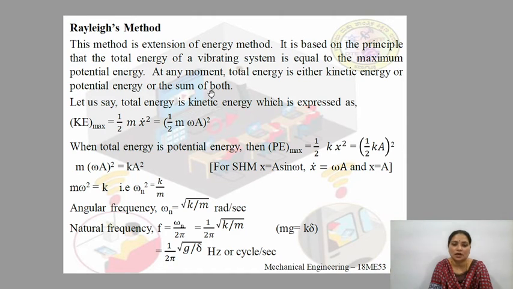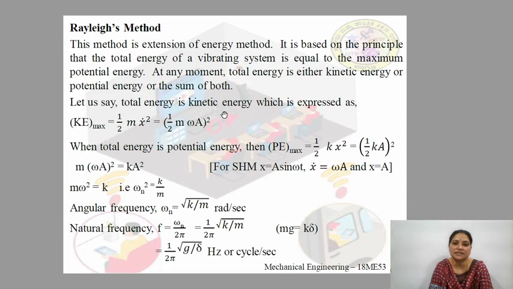Let us say now the total energy is kinetic energy. So therefore, kinetic energy maximum is equal to 1 by 2 m x dot square, which is equal to 1 by 2 m (omega a) whole square. So how is this equation obtained?